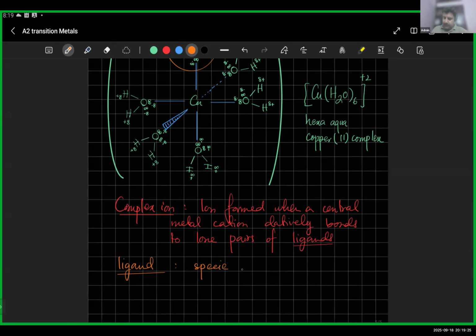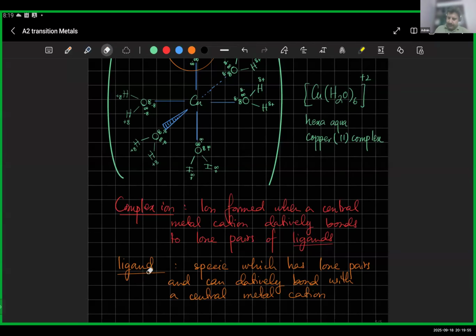So a species which has lone pairs and can datively bond with a central metal cation. So it's kind of the same definition.